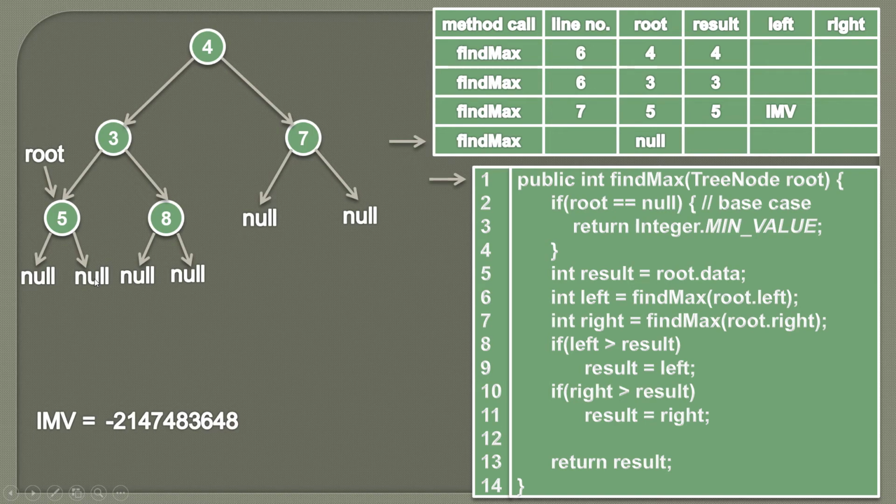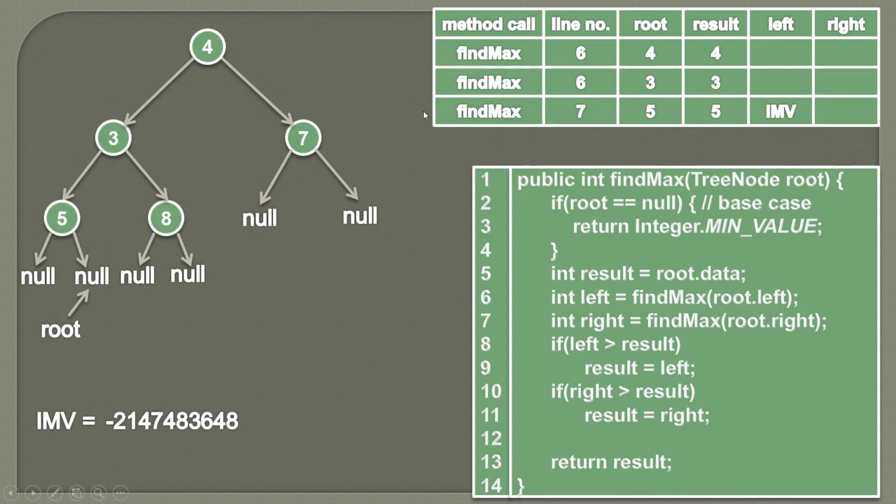So now root will point to null. And why is this root pointing to null? Because we have called findMax method by passing root's right, which is null. So here now root is equal to null. So we'll simply return the minimum value, and this method will be removed from the call stack.